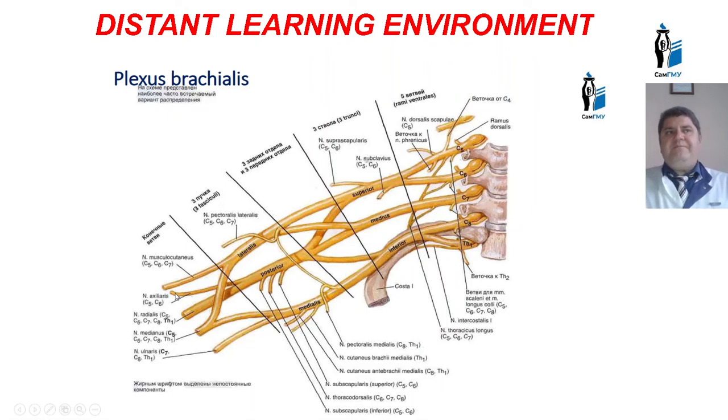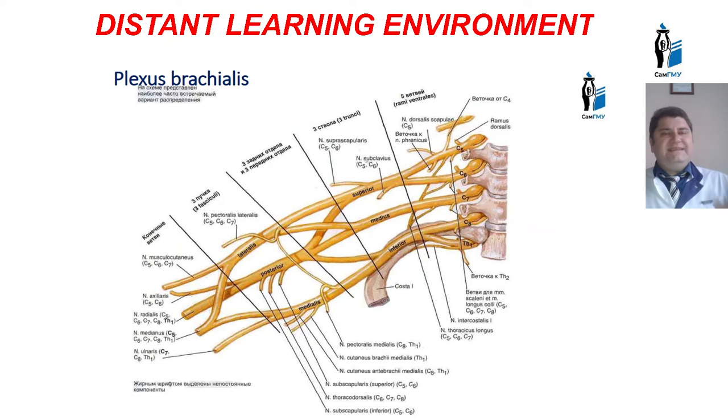The axillary nerve passes to the posterior surface of the axillary wall. It passes through the quadrangular foramen with the posterior circumflex humeral artery and vein, and it innervates the teres minor muscle.